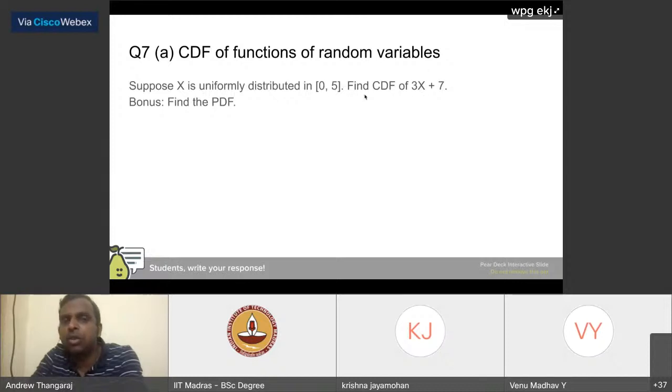The usual trick is to substitute the lower end and higher end. So first find the range. And then pick a value inside that range and try to find the CDF value, the probability that 3x plus 7 is less than that. So that's the trick. Once you do that, you will get the CDF.